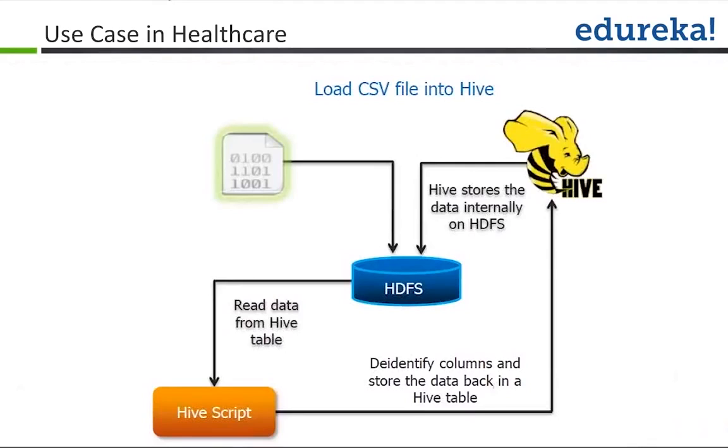As we can see in this healthcare example, it can be done as Java MapReduce code. You can write a Java code directly. You can do this in Pig, or you can use the Hive interface as well. You can read the data in a Hive table, do the de-identification or encryption of the data you want, and store it inside the Hadoop file system.